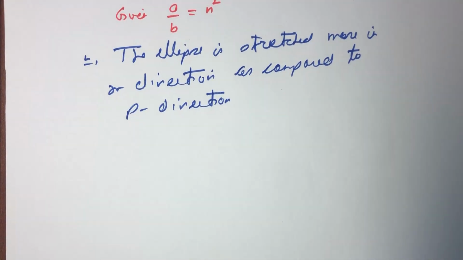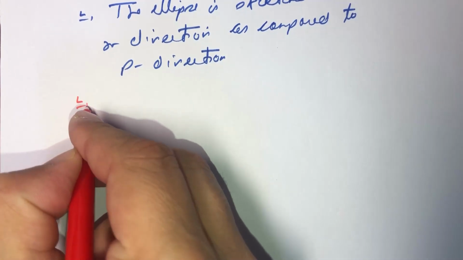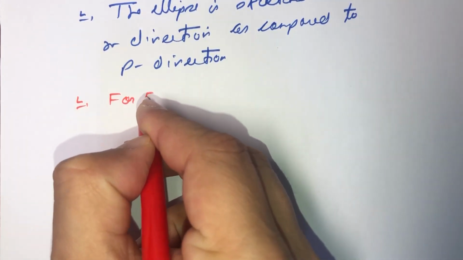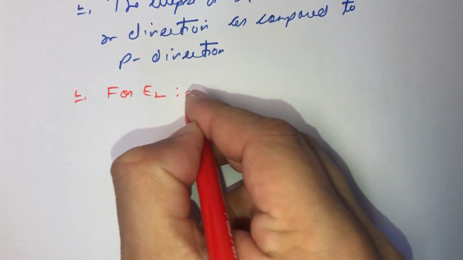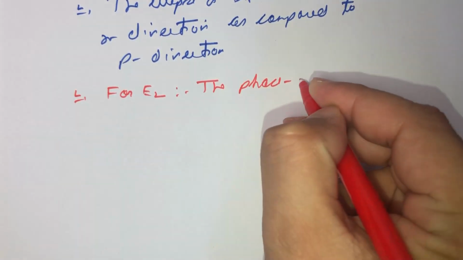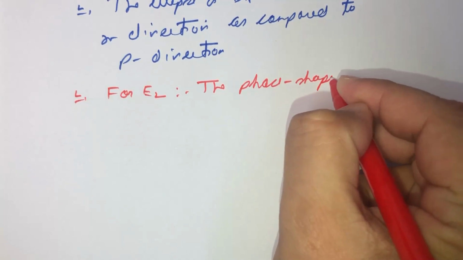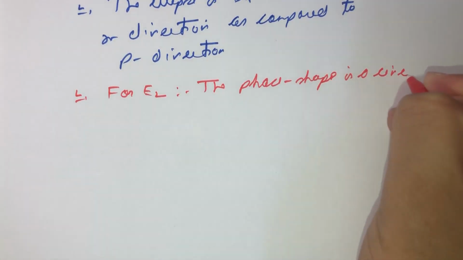Now let us do the same analysis for energy E2. So we can say for E2, the shape of phase is a circle.